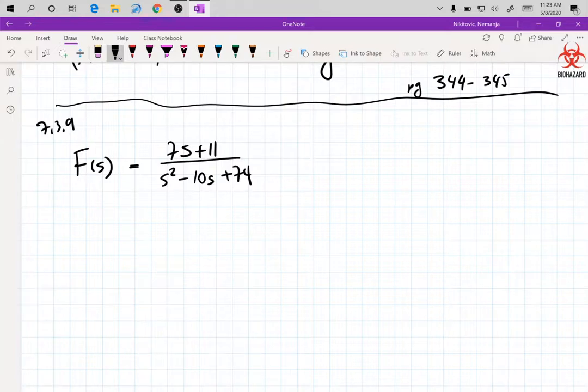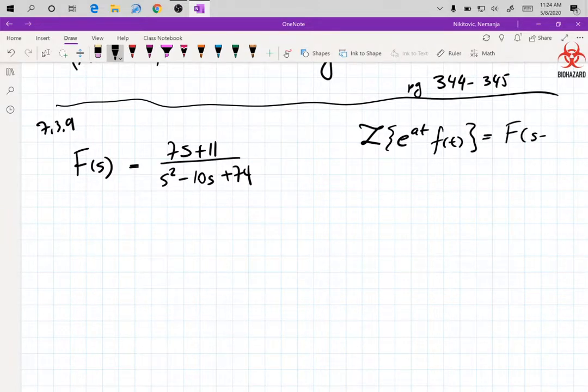Okay, so the translation theorem was the one where you are subtracting the value from s, right? And that gives you just multiplication by e to the at. I don't know if you remember or not, but the Laplace transform of e to the at times some function f of t, which is the function that you are looking for, is just F of s minus a.